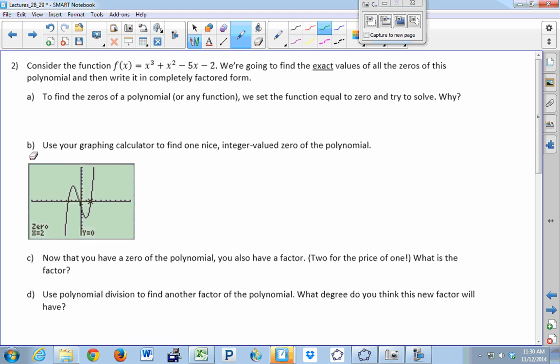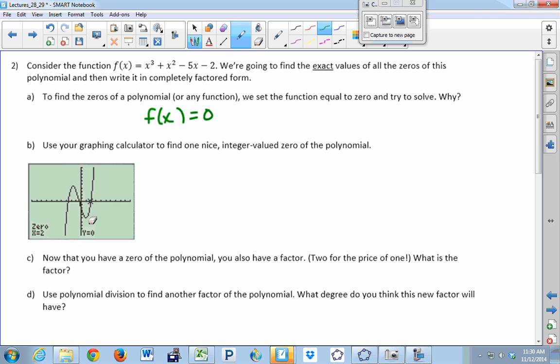So if we want to find some factors for this, we're going to set the polynomial equal to 0, because whatever value or values of x make that function 0 can be written as a possible factor for the polynomial. So first thing you would do is use your graphing calculator and try to find an integer that's a 0.